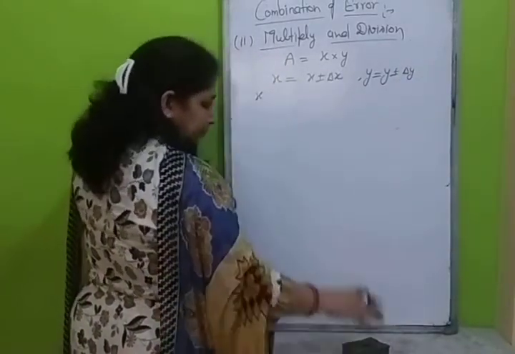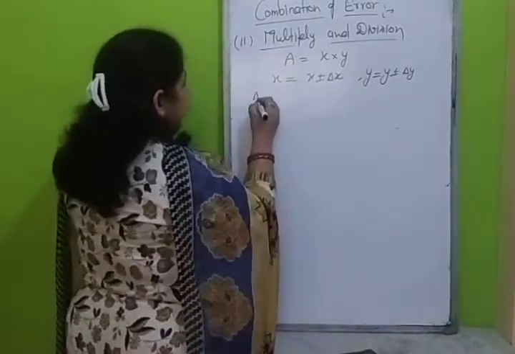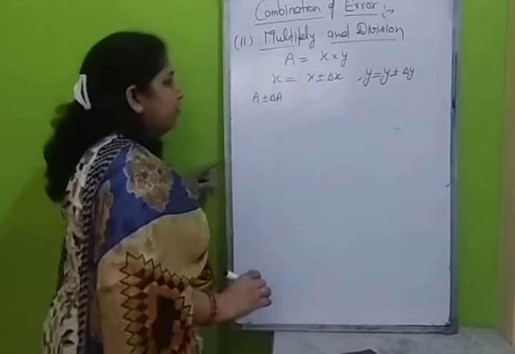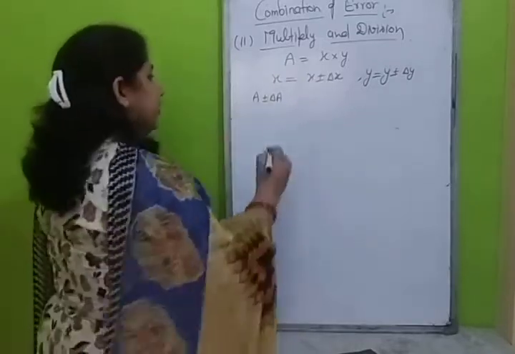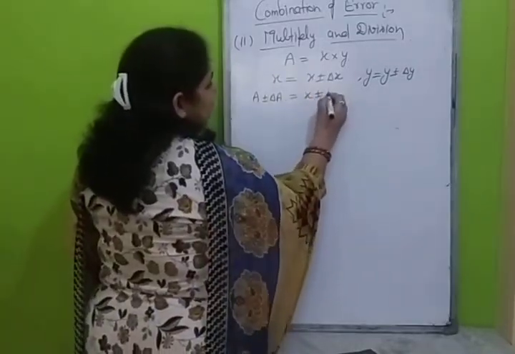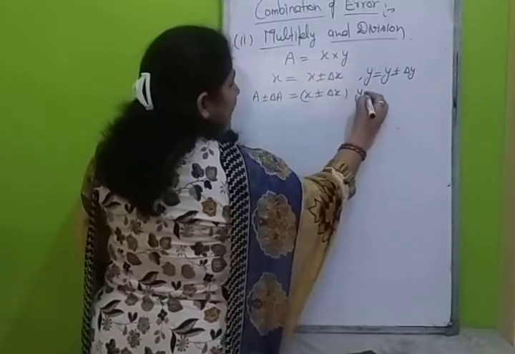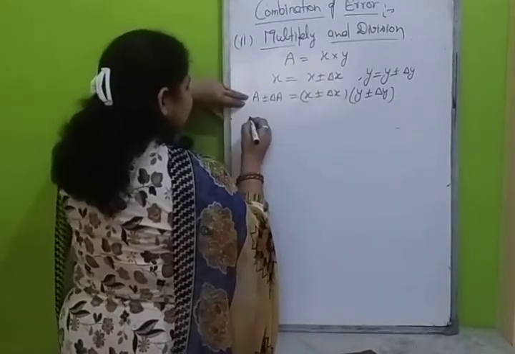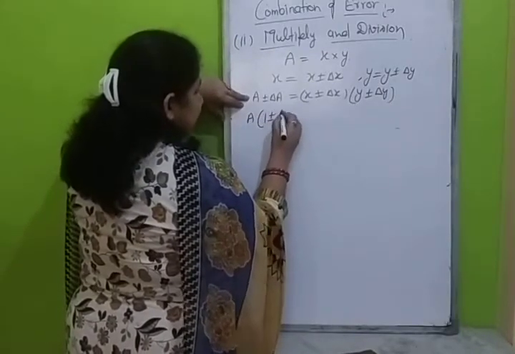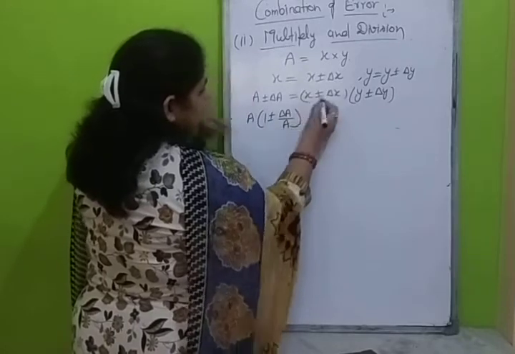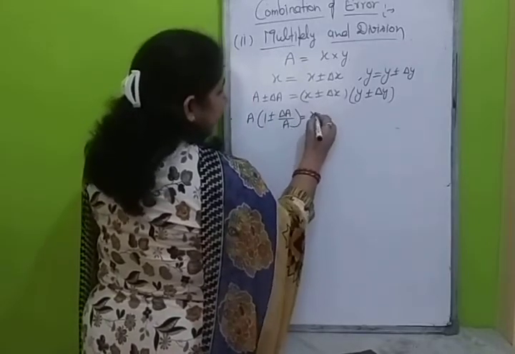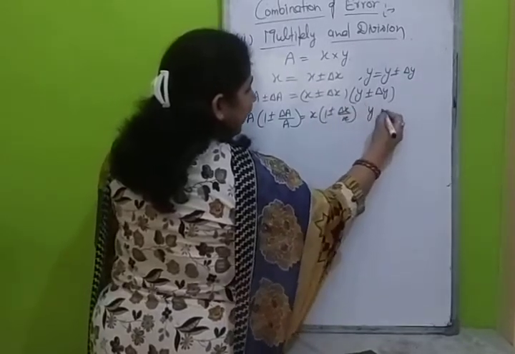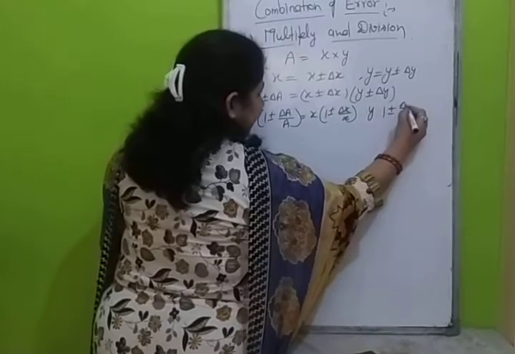Then we will multiply these terms and get A is equal to A plus minus delta A. Then we find A plus minus delta A is equal to (x plus minus delta x)(y plus minus delta y). What will we do? We can take A common: A times (1 plus minus delta A upon A). Here we will take common x (1 plus minus delta x upon x) and y (1 plus minus delta y upon y).